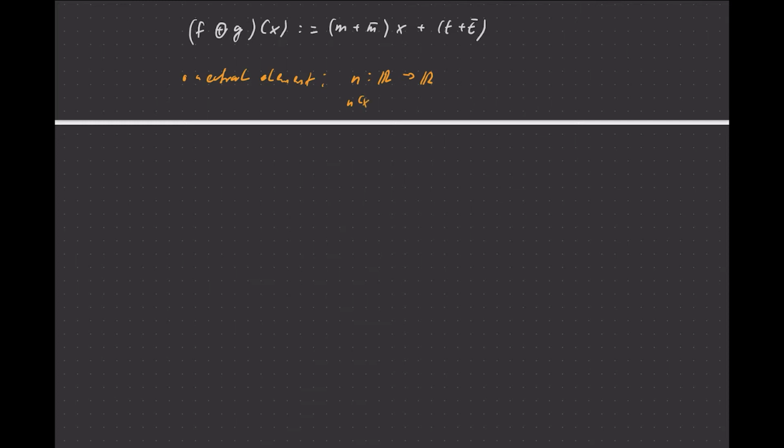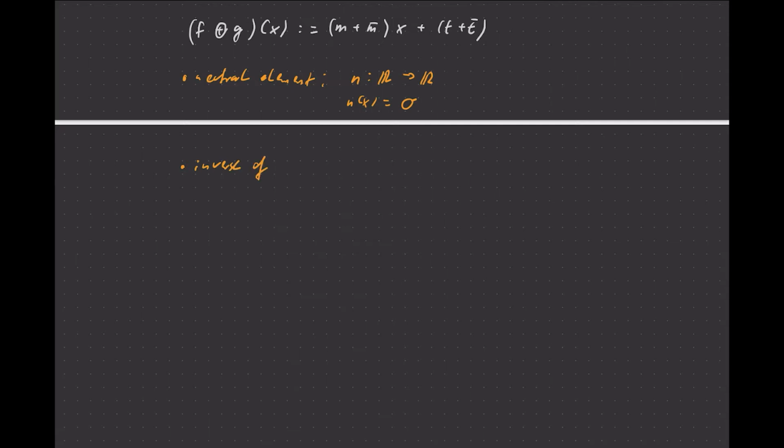And that function will just take on the form n of x equals 0. So the parameters m and t are both 0 in this case. That means n is actually in that class of functions that we are looking at. And if we add this 0 function to any other function, it doesn't change the function. So that is actually a neutral element that does exist.